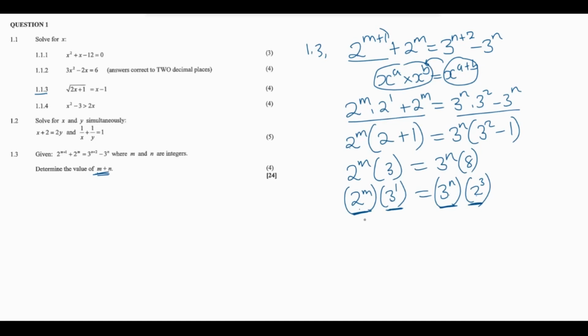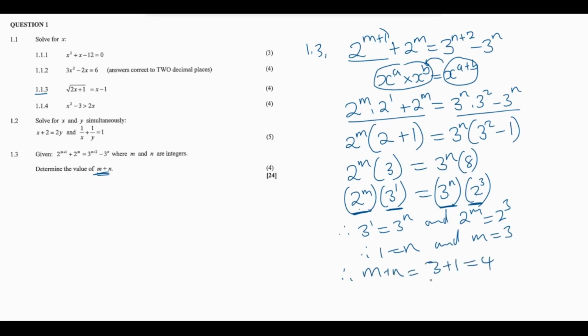Right, therefore 1 is equal to n, and m is equal to 3. Therefore, m plus n is equal to 3 plus 1, which is equal to 4.